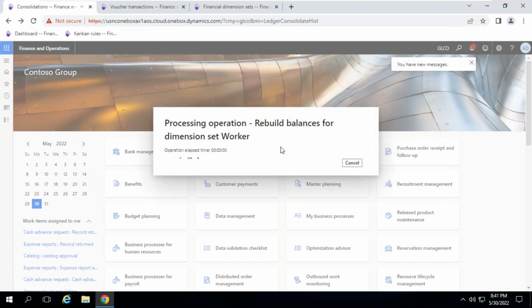It will take so much time. In a real-time scenario, if you have more combinations of financial dimension sets, it will take more time.